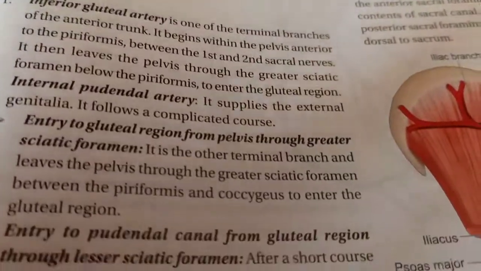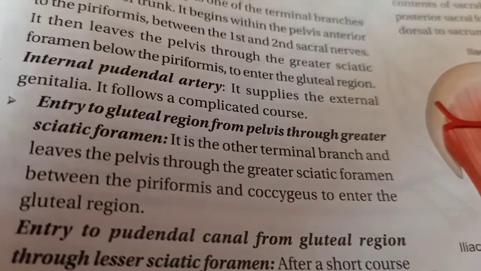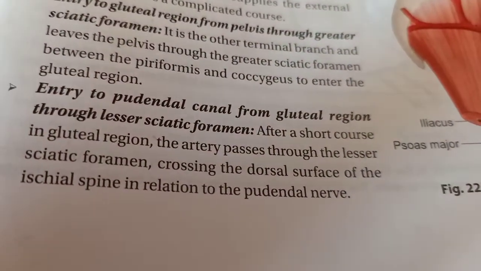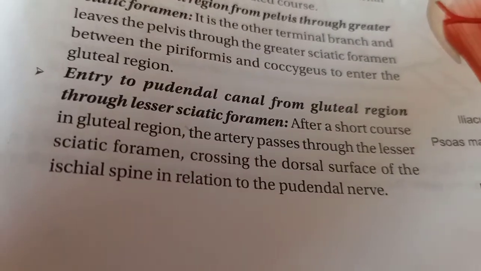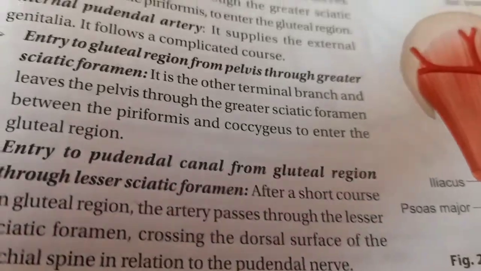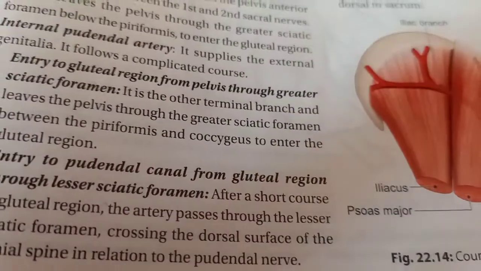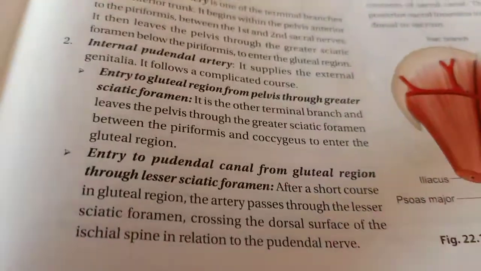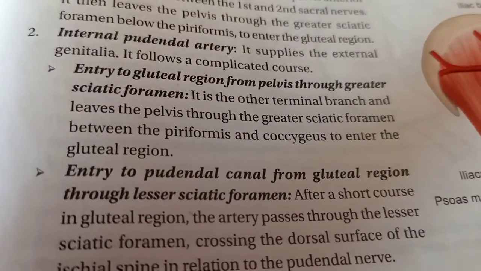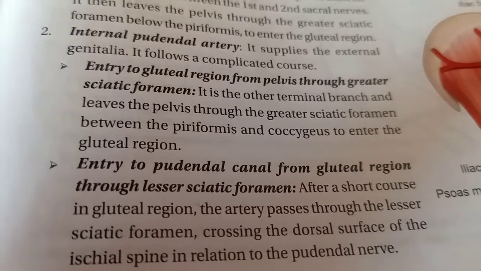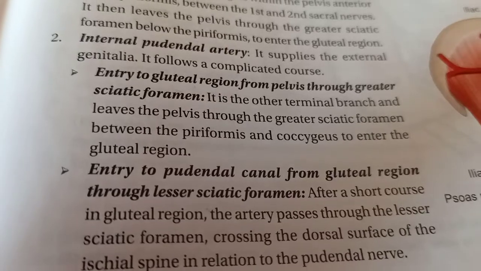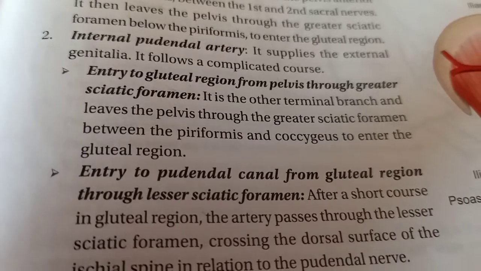So what is the internal pudendal artery? How is it going? It's an artery arising from the parietal branch of the anterior trunk of the internal iliac. From the pelvis, it will reach the gluteal region through the greater sciatic foramen.